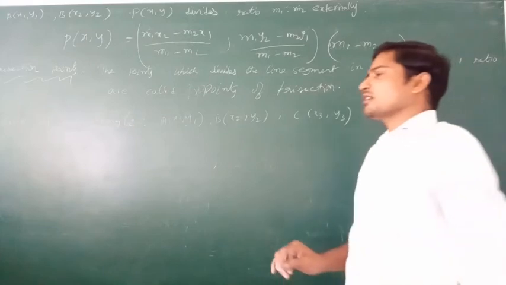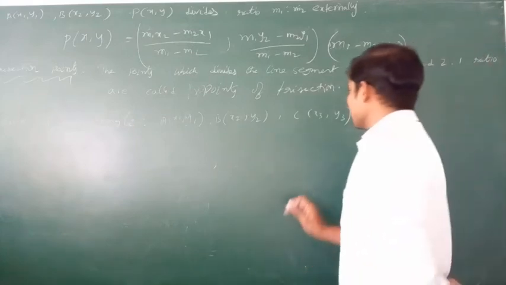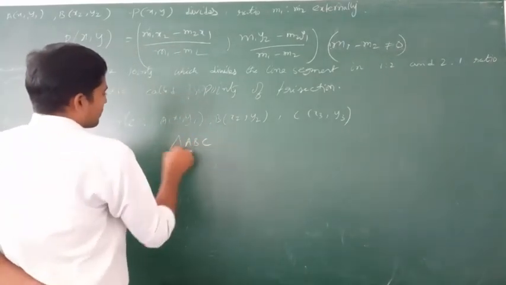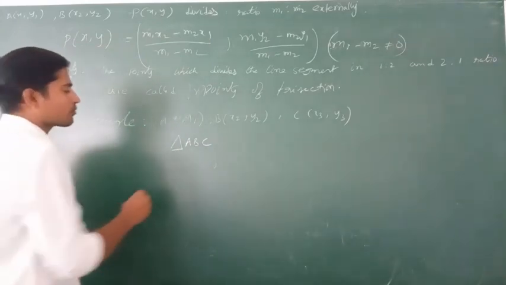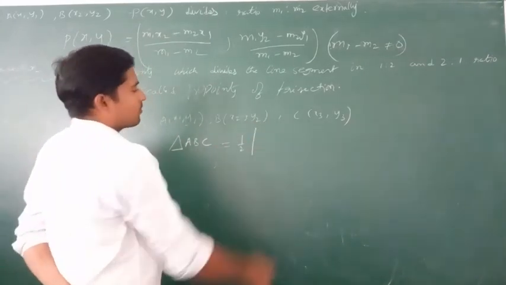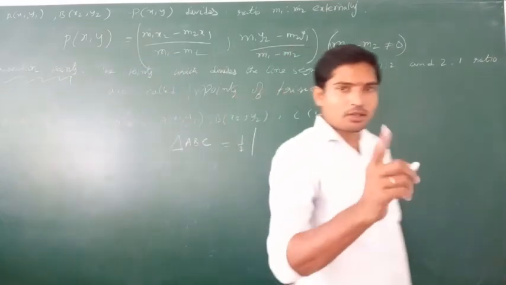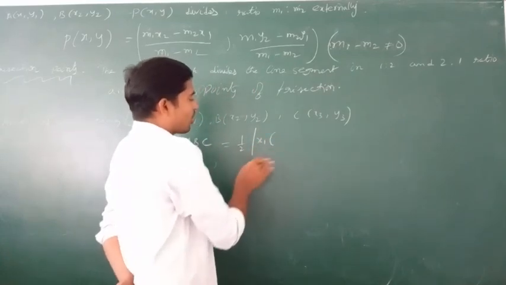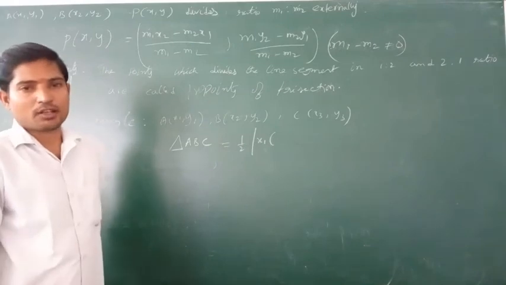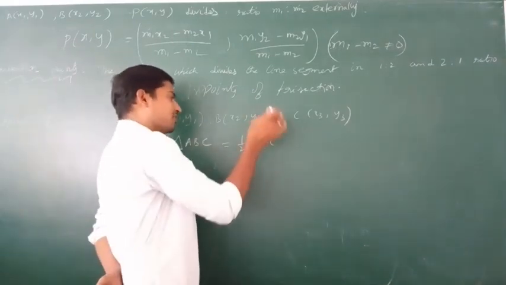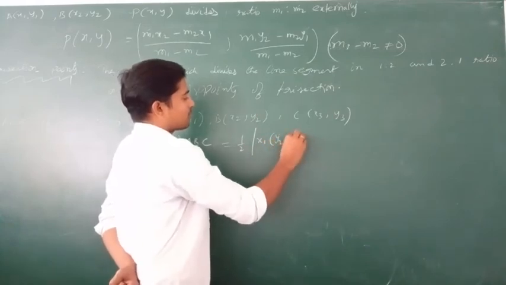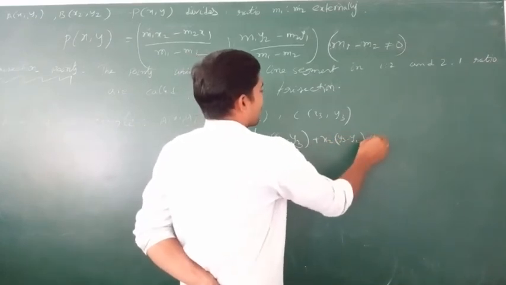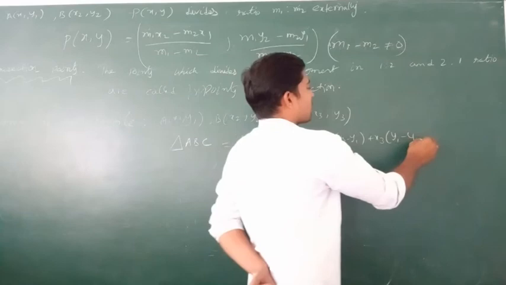Then the area of the triangle with vertices ABC is, area of triangle ABC, this symbol means area of triangle for this chapter, equal to half modulus of x1 into (y2 minus y3) plus x2 into (y3 minus y1) plus x3 into (y1 minus y2).